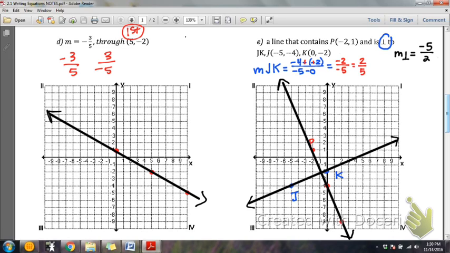Between J and K. So we're putting a line between J and K.